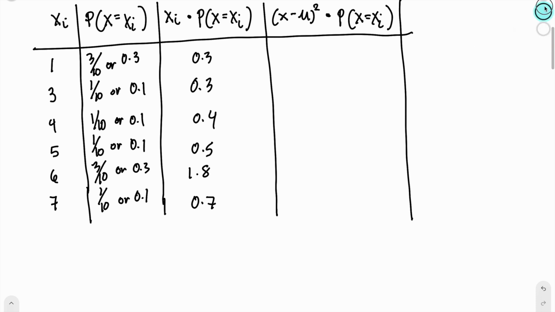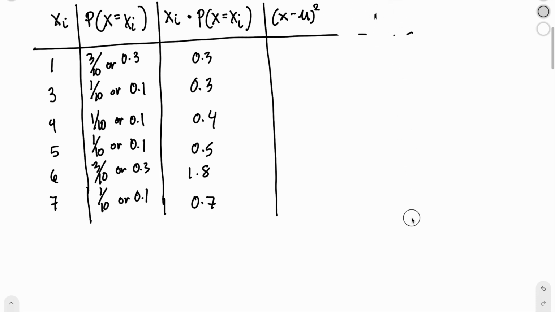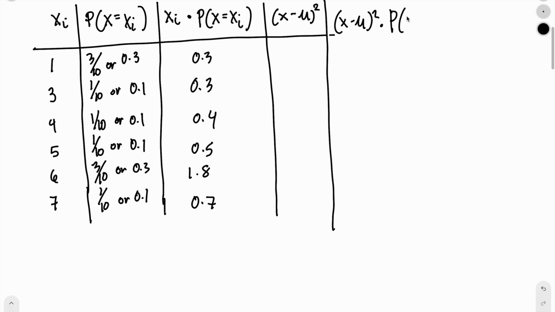This is actually wrong. It's incomplete. We also need x minus mu squared times the probability that x equals x sub i.